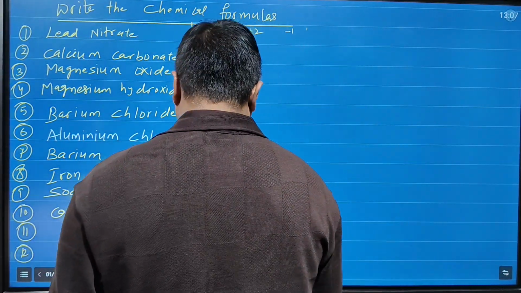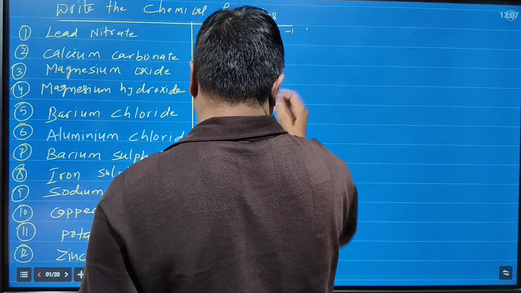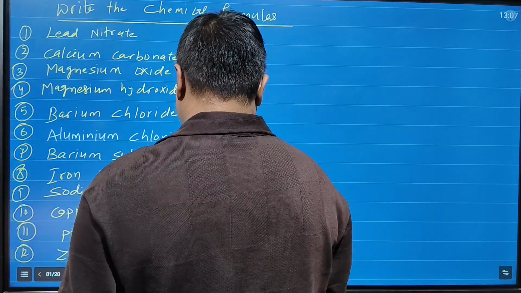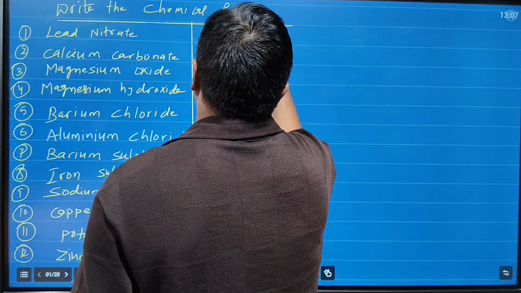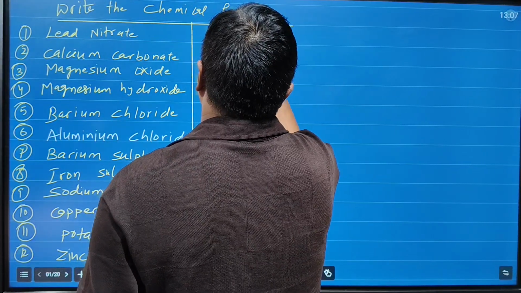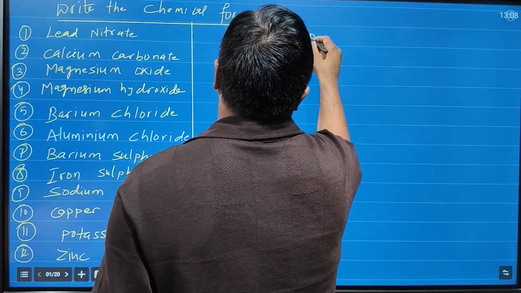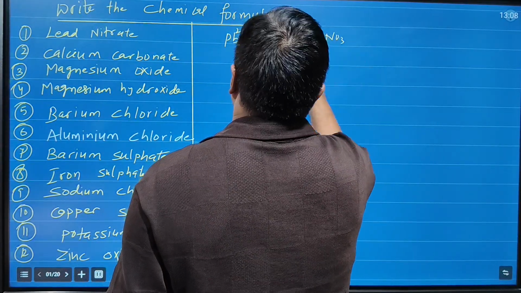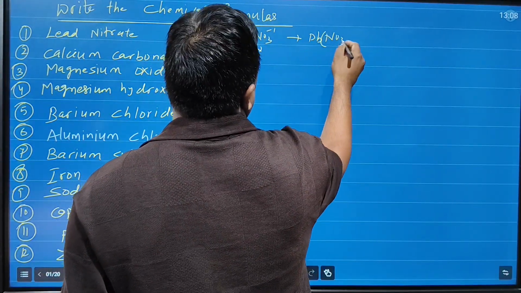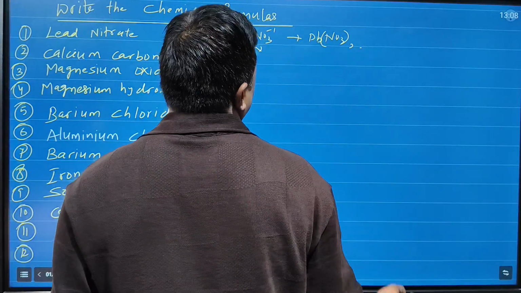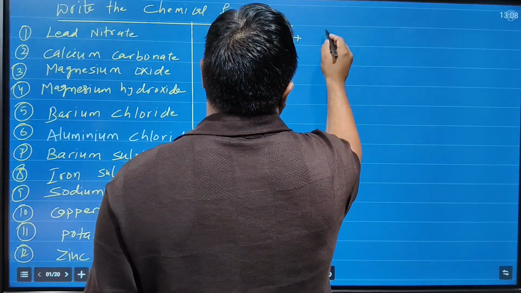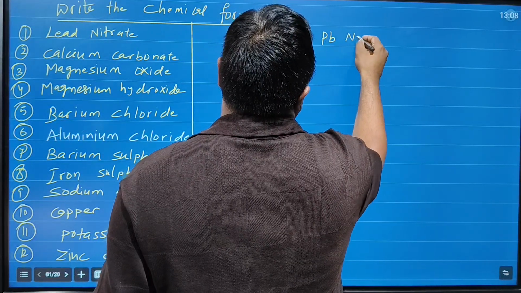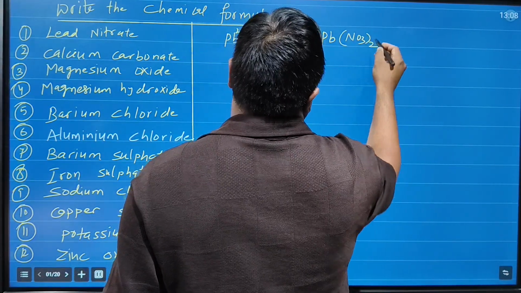I am going to write all the formulas here. Lead nitrate, as I told you, Pb 2+ and nitrate NO3-, so if you do the crisscross, we write Pb(NO3)2. Whenever the 2 moves over, we have to write the radical in brackets: Pb in bracket NO3 with 2.